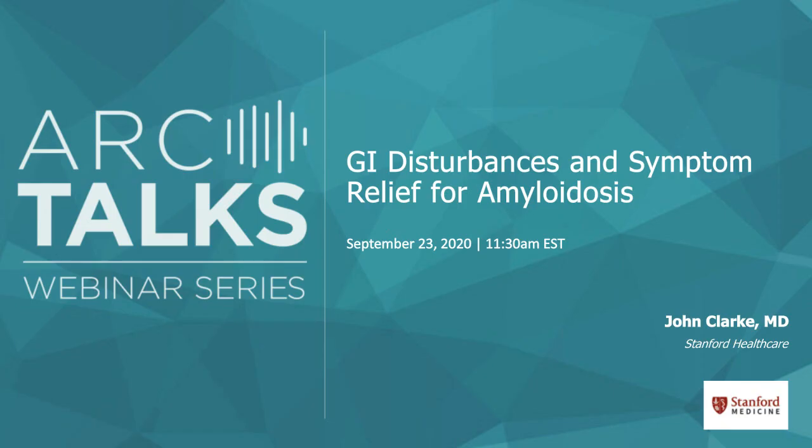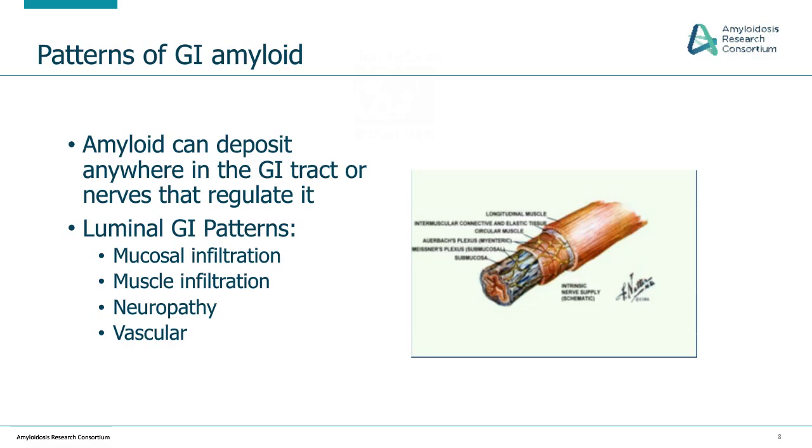that tends to lead to problems with absorption. If there's more of a deposition within the muscle, then what we see in that area is problems with contraction and pushing things down. If there's problems with the nerves, and the nerves are interspersed throughout the muscle and mucosa, and then there's also layers of nerves which are on the outside of the tract, that'll affect the gut coordination and movement.